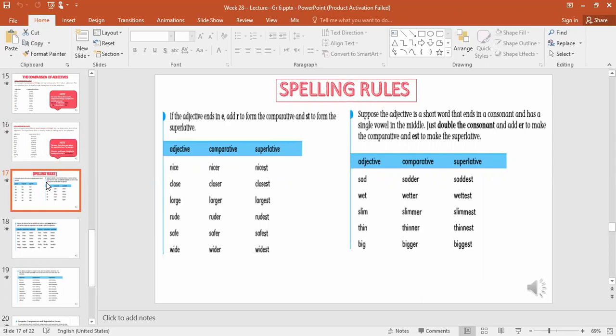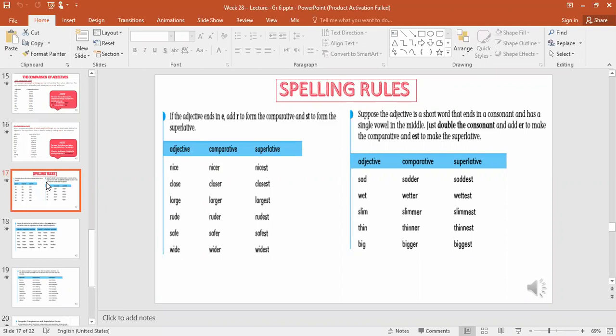For these adjectives that end in E, if you want to add er, all you have to do is just add R. And if you are changing it to the superlative form, all you have to do is add ST. So nicer, nicest. Close, closer. As you can see, we just added R, we just added ST.